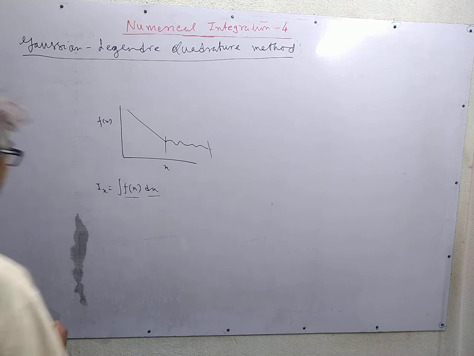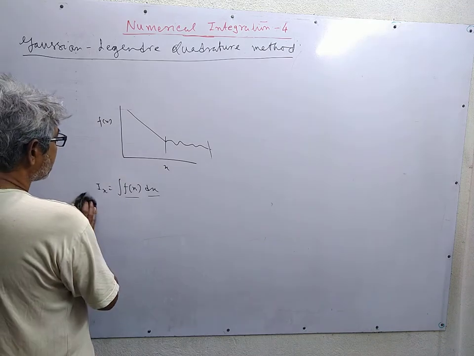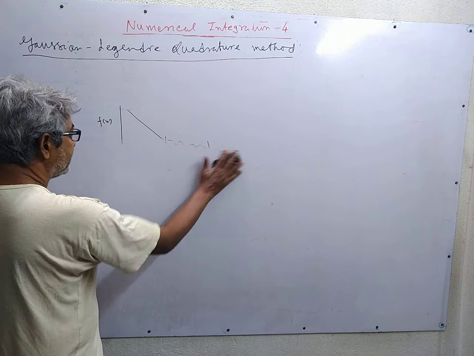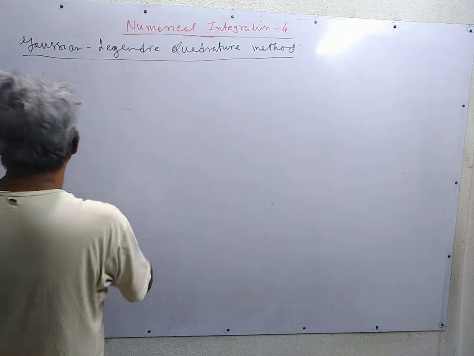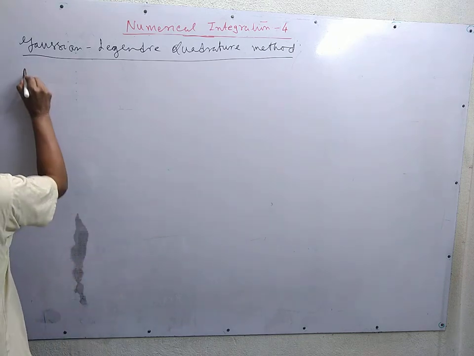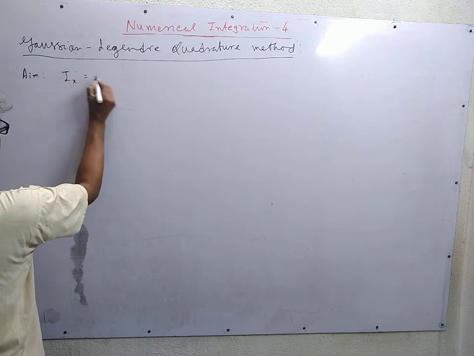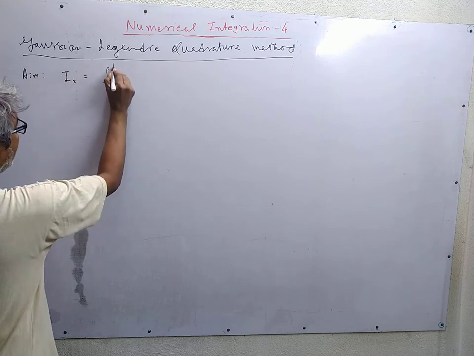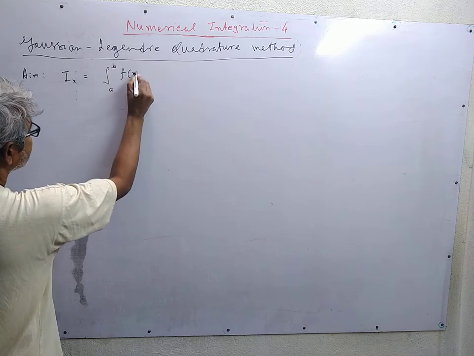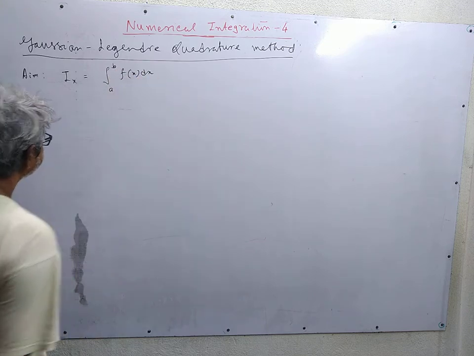So first we recast the integration in its dimensionless form. So our aim is to calculate I is equal to integration from a to b f(x) dx numerically.